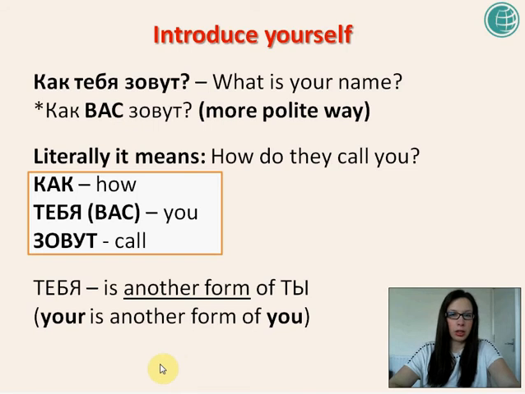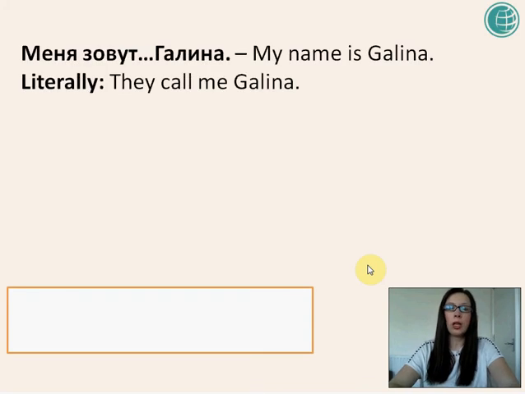Like similar in English language, your is another form of you. What is your name? So just don't focus on it much. Remember two sentences. Как тебя зовут? What is your name? Or как вас зовут? It's exactly similar meaning.